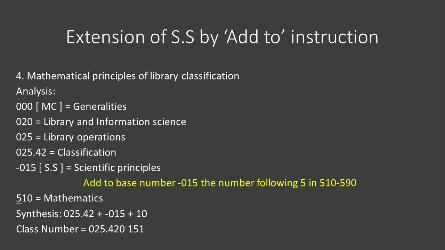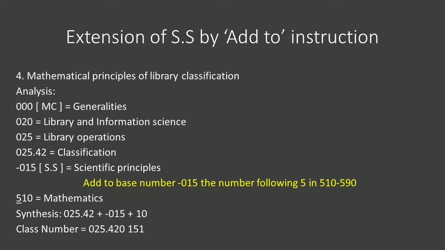So we can add the notation from 510 to 590 to the notation -015. -015 will be the base number, and to this base number we can add the notation from 510 to 590 by following the digit 5. Here is the instruction, number following 5. We have to follow the digit 5.